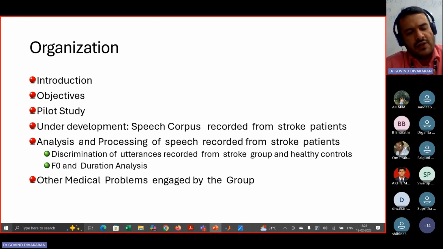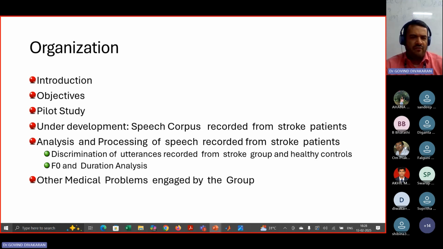Then coming to the current discussion. This project is under development, and we'll be discussing some basic analysis that we have. All these are rudimentary analyses because the data collection is still in progress.